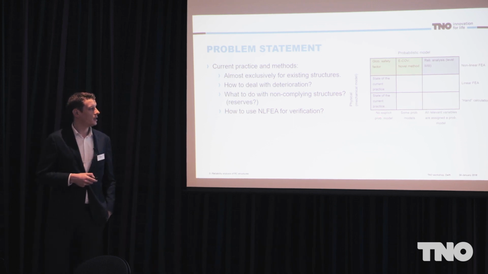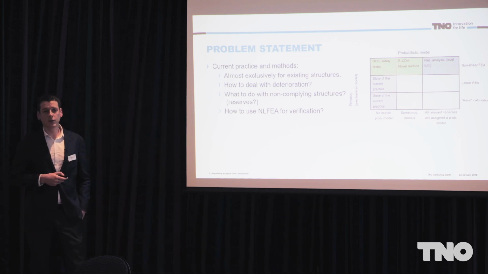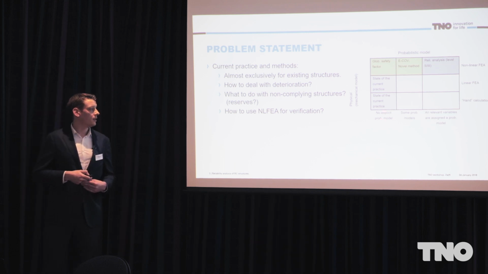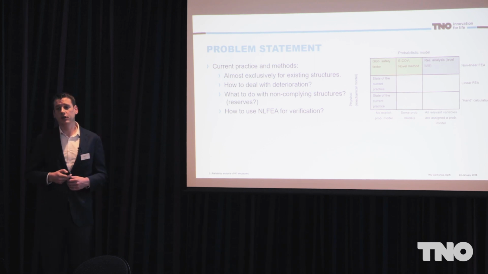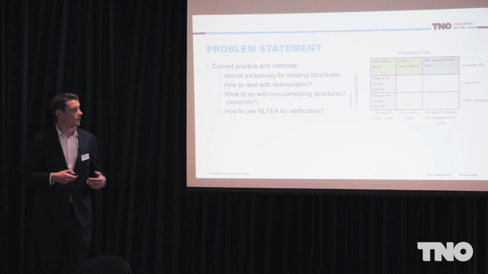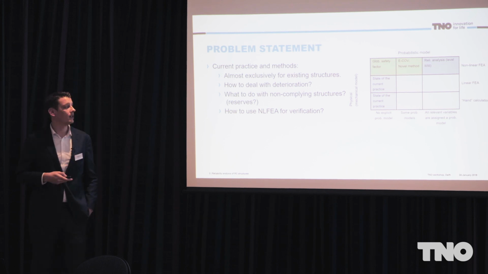And the other direction is to use more sophisticated probabilistic representation. So instead of relying solely on semi-probabilistic methods and partial factors, we hope that if we extend our models to the probabilistic space, if we represent our uncertainties using random variables and random fields or stochastic processes, then we can also explore and uncover some hidden safety, so we can show by direct reliability analysis that the structure still complies with the requirements.